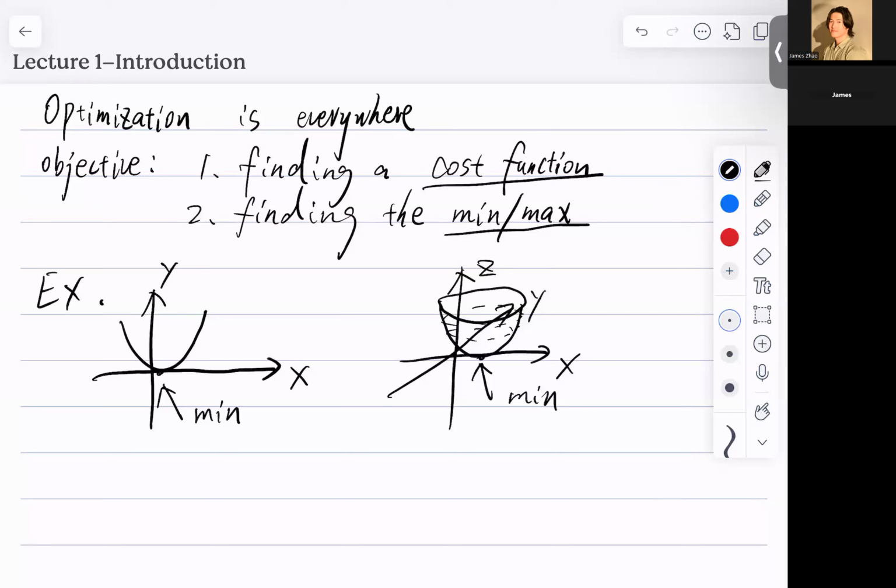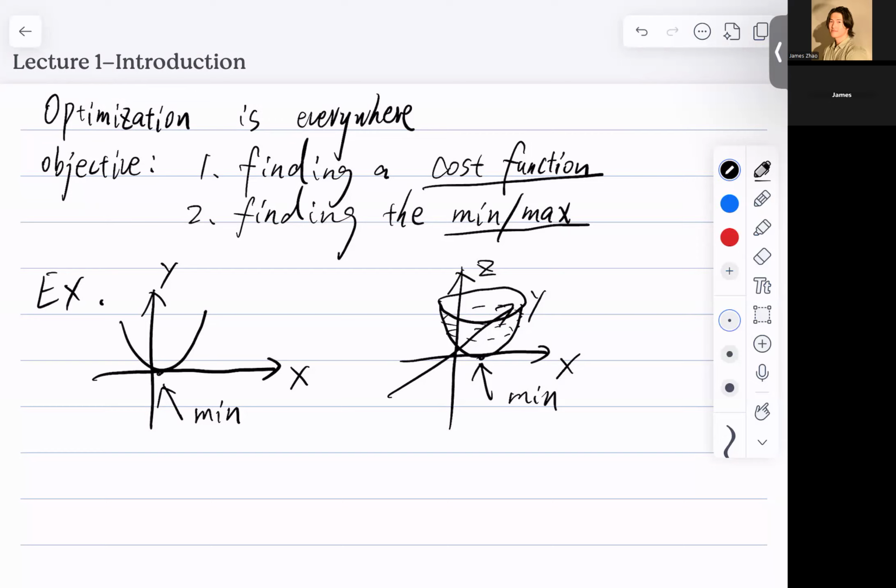So as we can see, this problem can be as simple as a two-dimensional problem where we are just trying to find a minimizer on a line. You can also think of it as a one-dimensional problem where your search space is on the axis of x and your output is on your y, where we are trying to minimize y.